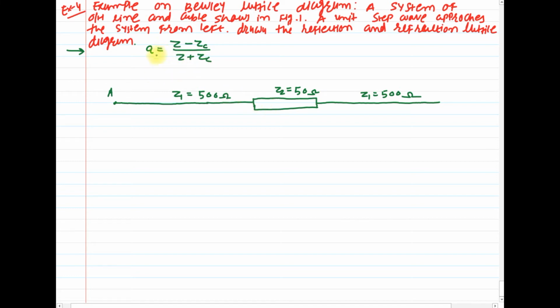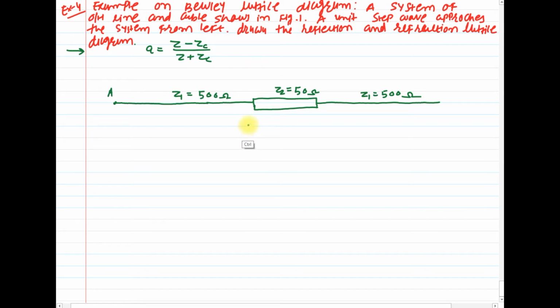So as we know the reflection coefficient A is equal to Z minus ZC divided by Z plus ZC.